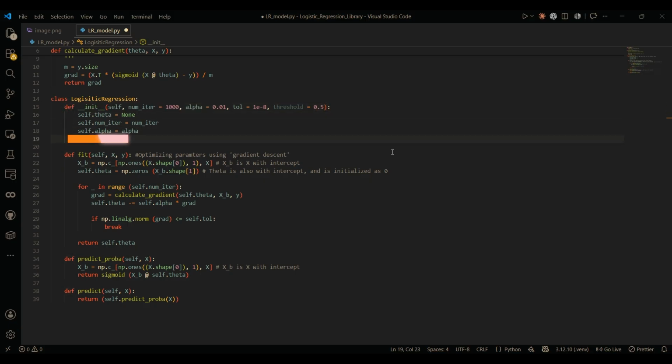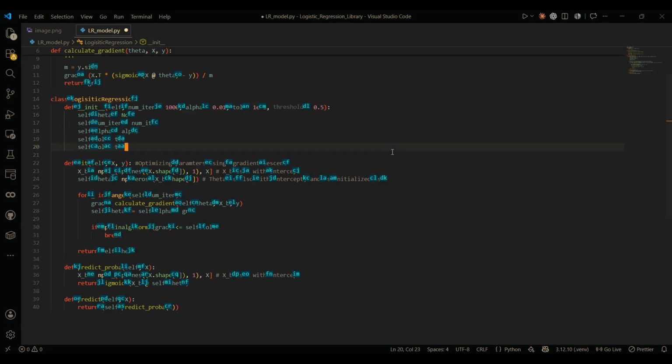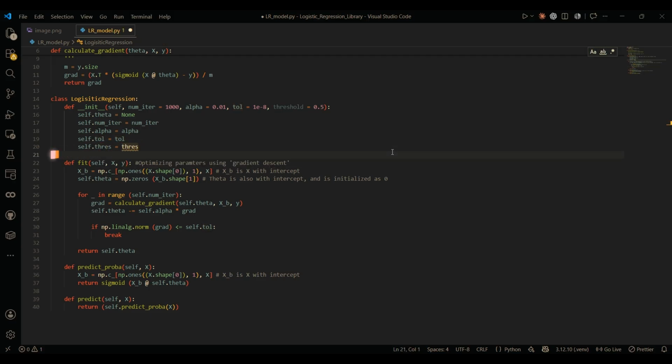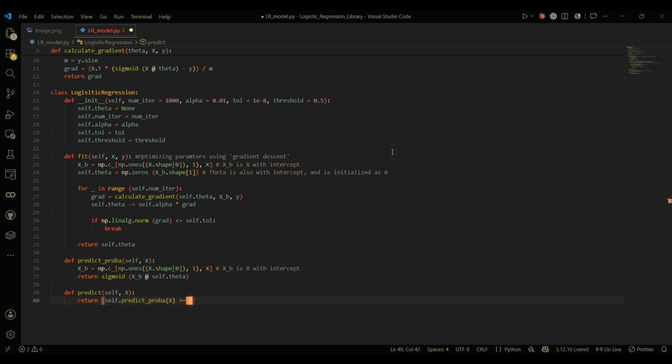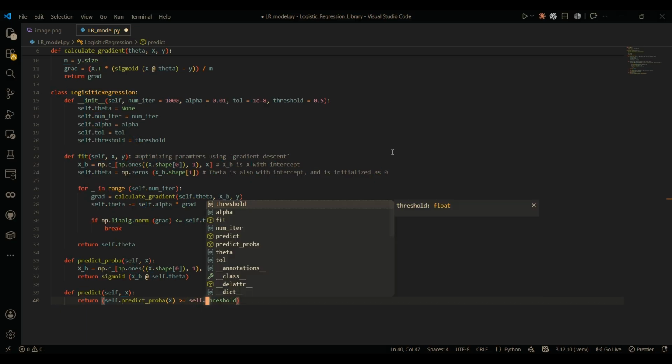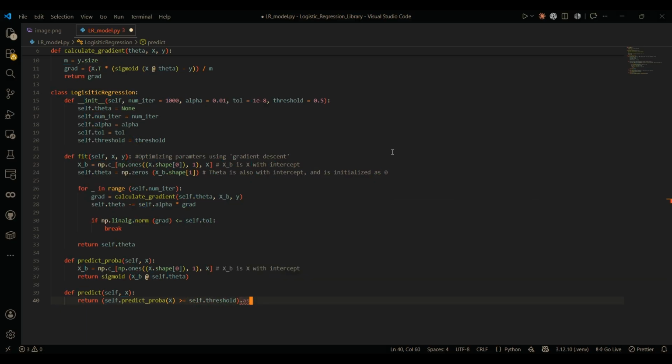Right here, we'll put it right here. So if this is greater than or equal to threshold, we'll return true or false and convert it to 0 or 1 using astype int. So the output is either 0 or 1, right?